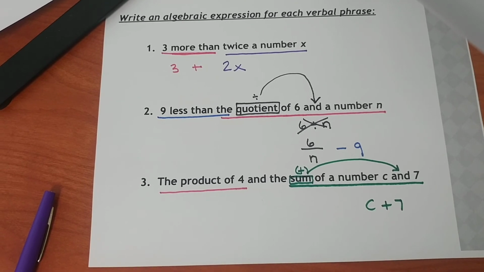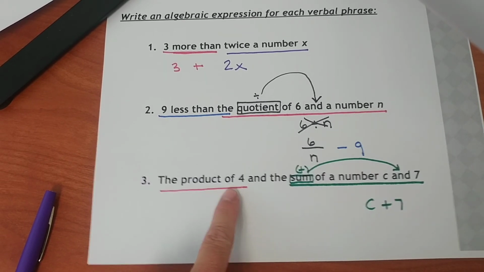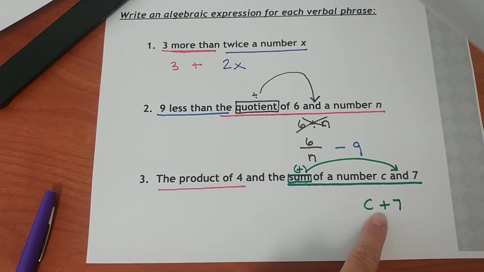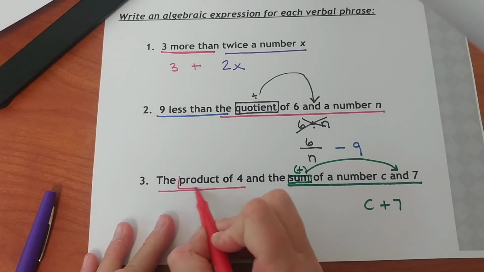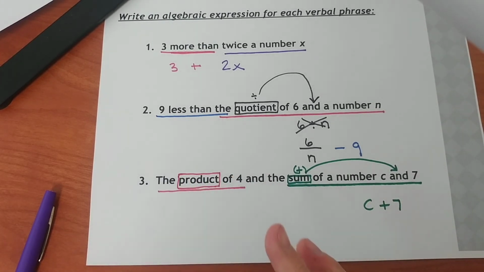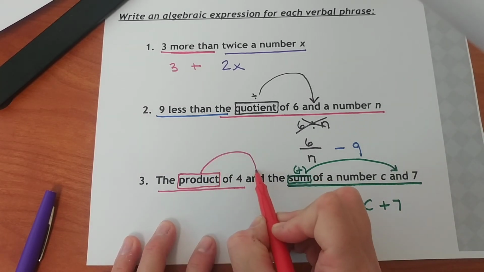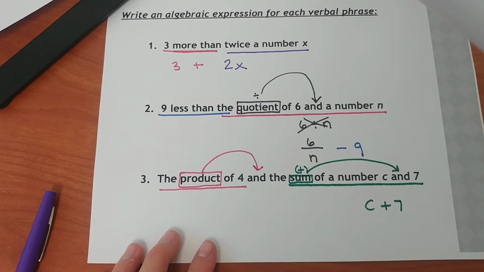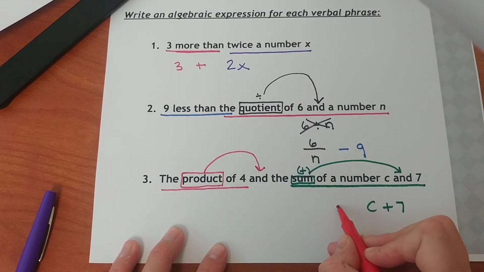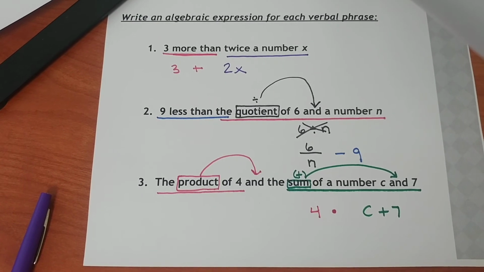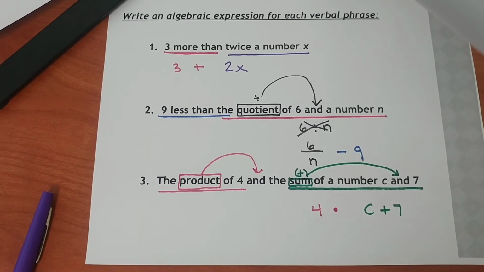Now, it tells me over here I want the product of 4 and this. Again, product is that fancy word for multiply, that mathematical word. Again, I can also use the word and here as the connecting word. And I know that I'm going to be multiplying by 4, right? There's a problem here.